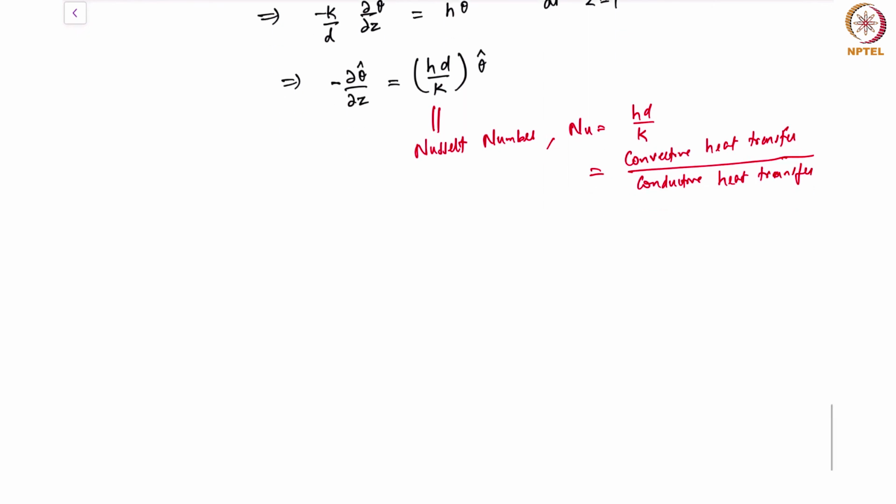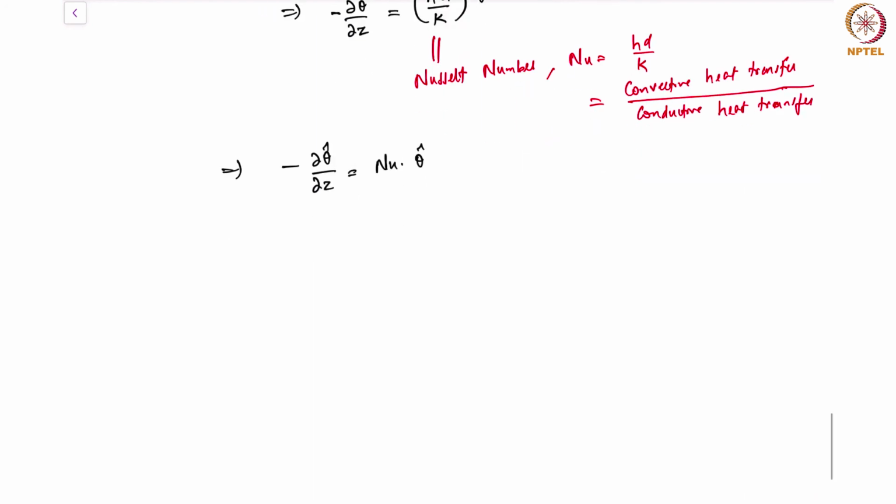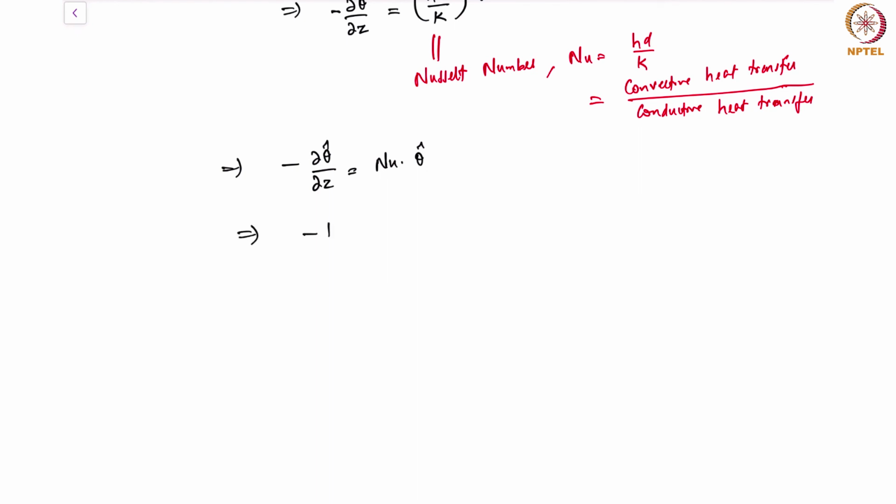Right? So now we have derived an important condition. We have minus del theta by del z is Nusselt number times theta hat, or in normal mode form we have minus D capital H is Nusselt number times h.